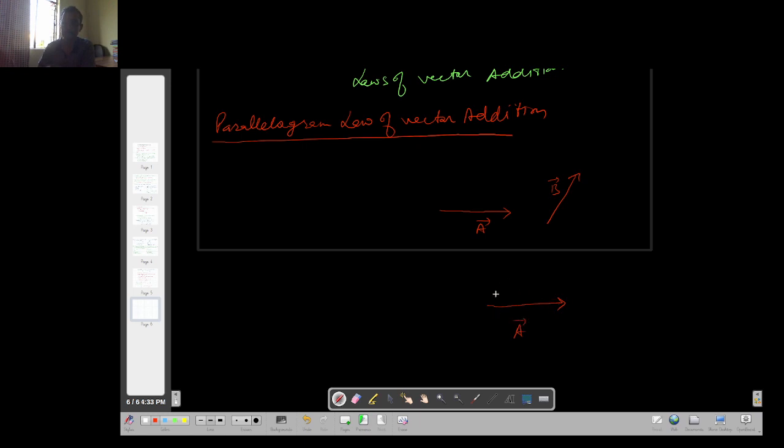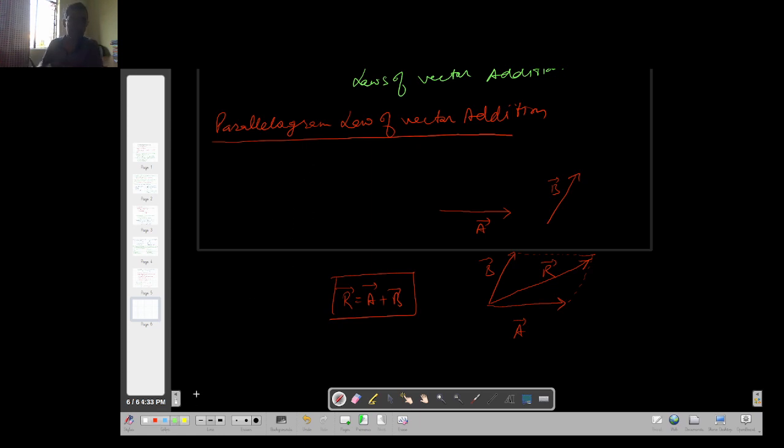Say this is one side and this is the other side. Then if we form a parallelogram using these two vectors, the diagonal is the resultant of these two vectors, that is, this R is basically A plus B. So this is the parallelogram law of vector addition.